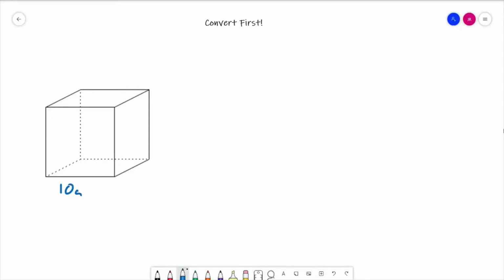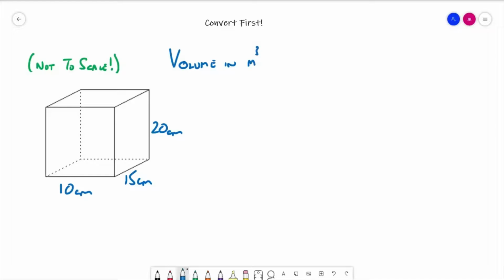Let's say that it's 10 centimetres by 15 centimetres by 20 centimetres, and obviously we can see that this diagram is not to scale. And let's say that we want to know what is the volume in metres cubed, because of course we're trying to deal with the base unit here. We're dealing with metres cubed, we might be trying to measure density or something like that.